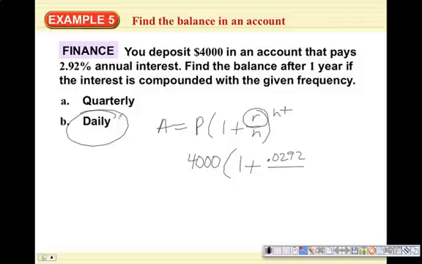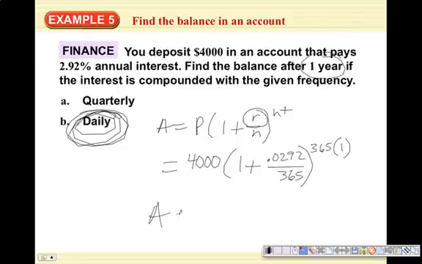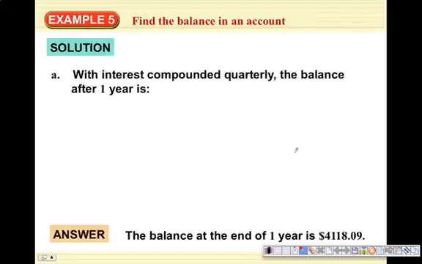N is how many times a year. It said daily, so that means 365, to the NT. So 365 times T, and T is 1 in this case. Then you type that in your calculator and you get A, an amount of money right here. So how much money does that produce? You try it in your calculator by yourself.